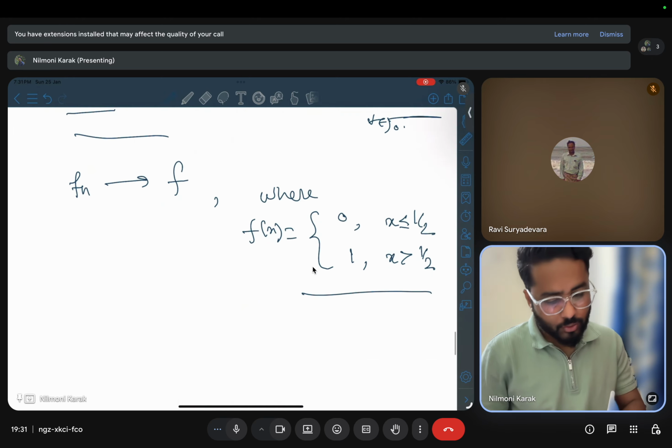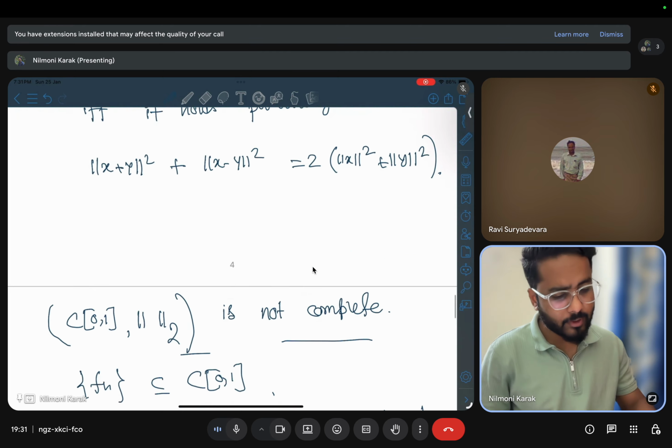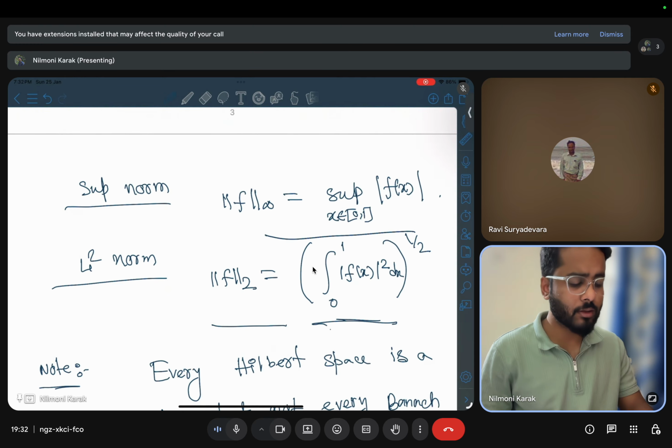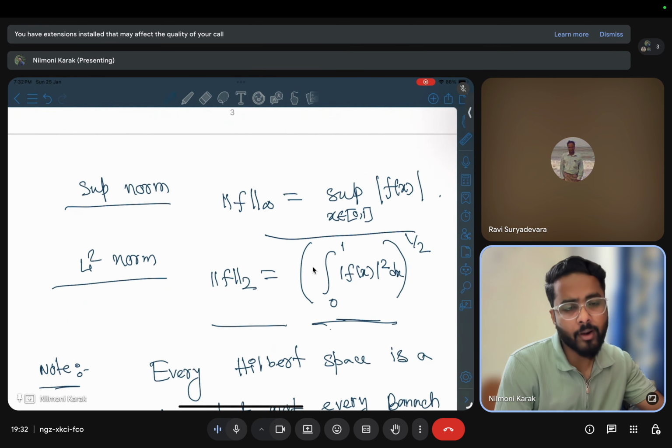One thing, I wrote the norm 2. What is norm 2? The L2 norm: the integral from 0 to 1 of |f(x)|² dx, the whole to the power half.